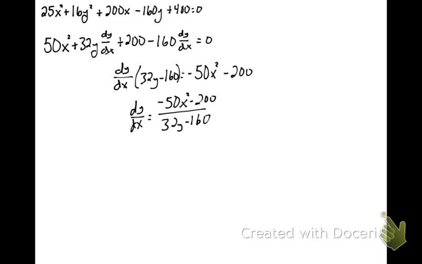So I have an expression for the slope at every point. This will equal 0 when the numerator equals 0, so that's where I will have horizontal tangents. And solving this for x squared, I will add 200 and divide by negative 50. And that will give me negative 4.